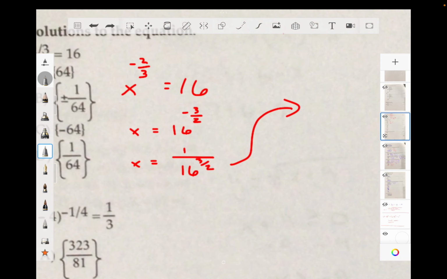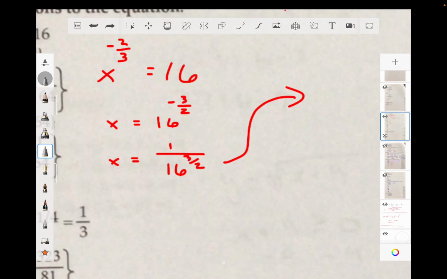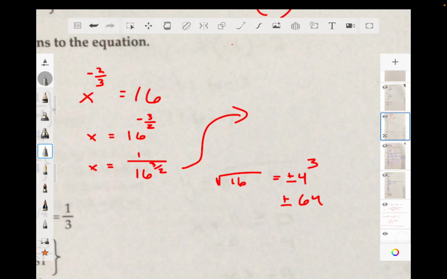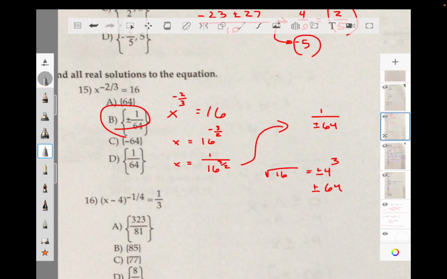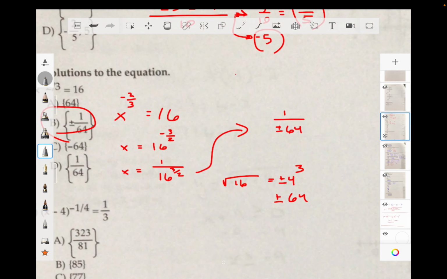But I don't, so I might want to do the square root of 16, which is equal to plus or minus 4, and then cube it, which is plus or minus 64. So it's going to be 1 over plus or minus 64.